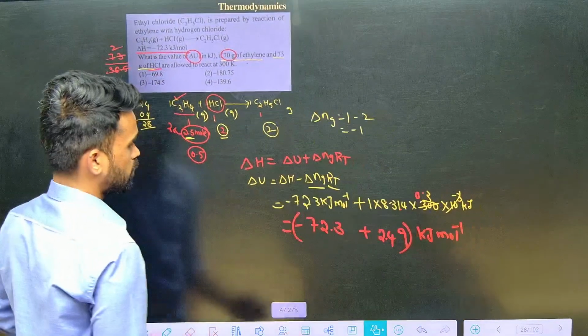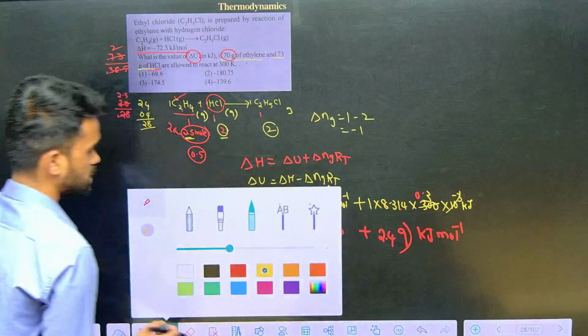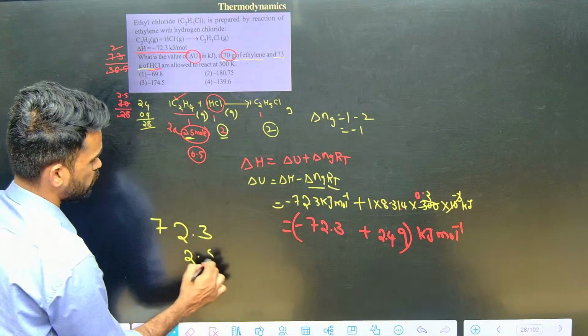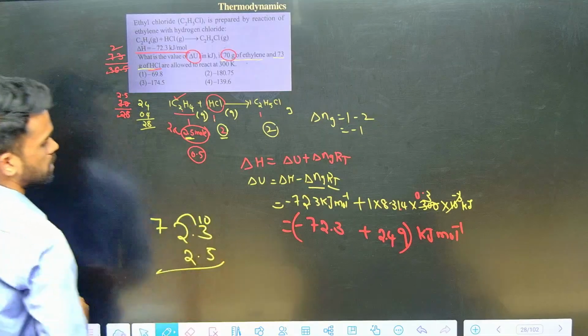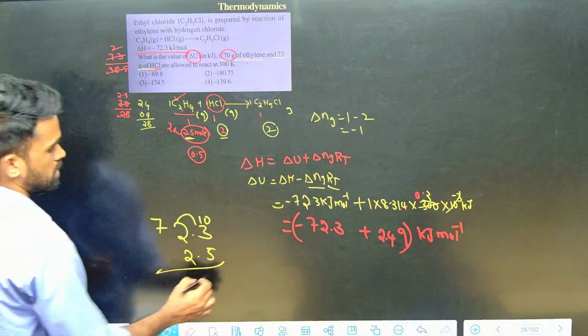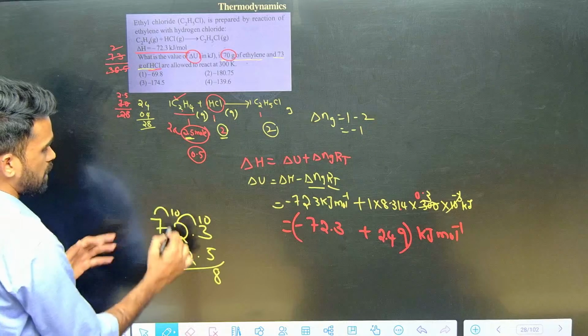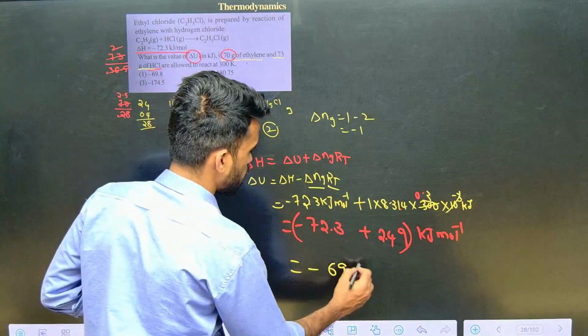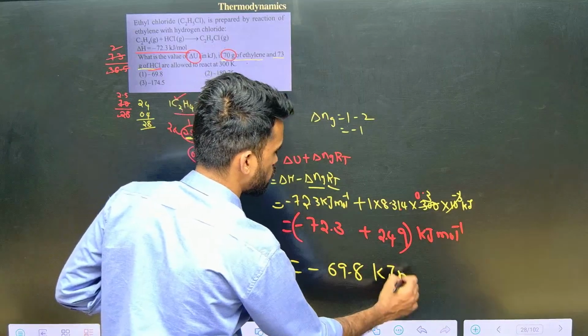Finally, just consider 72.3 and 2.5. So it will be minus 69.8 kilojoule per mole.